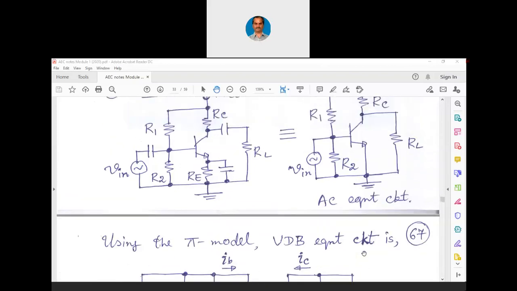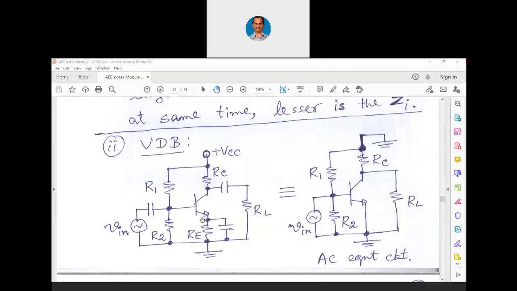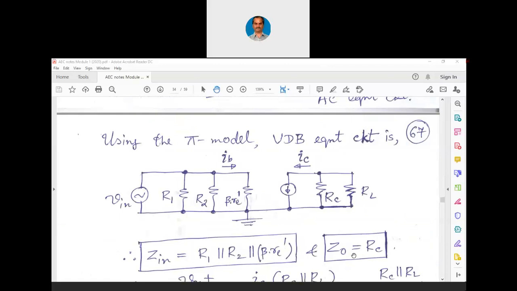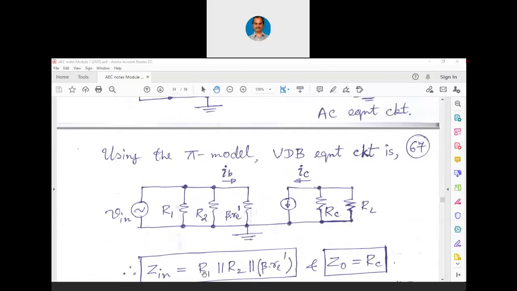Please note, even though we had RE here, that RE gets shorted by this capacitor because of the AC ground concept. So, this is our equivalent circuit. We can write Z in equals R1 parallel with R2 parallel with beta into RE dash, and we can write Z out equals RC when RL is not given. When RL is given, we can simply write Z out equals RC parallel with RL.